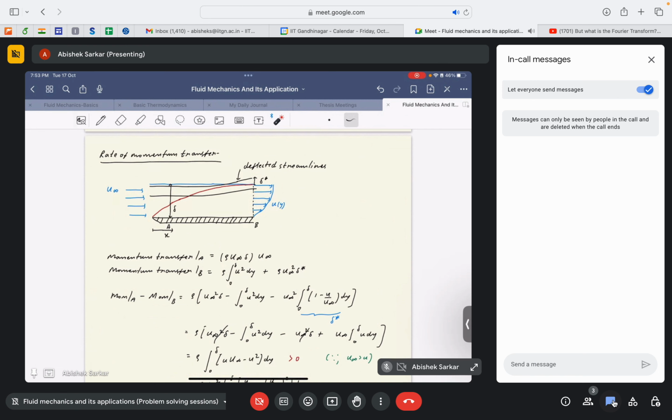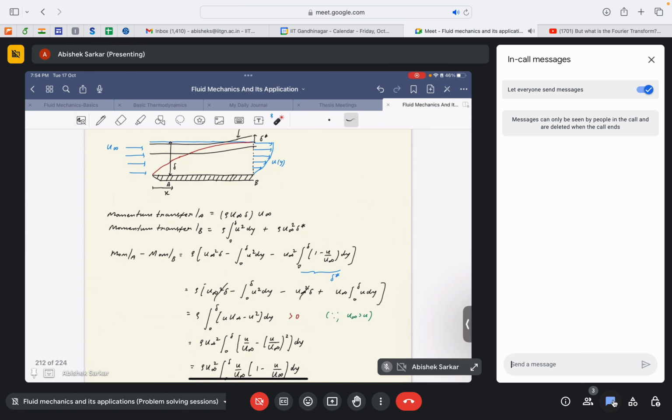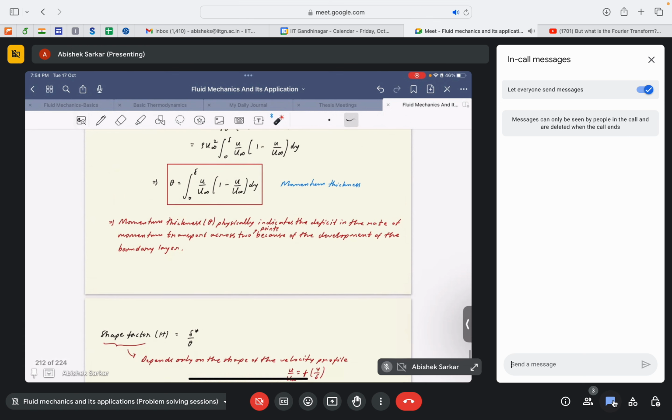And since there is a deficit of momentum at the exit, if we consider the same height delta, we need to consider an extra length delta star, that is the displacement thickness, to compensate this loss in the mass flux and consequently the momentum flux. In order to do that, we define both the displacement thickness and the momentum thickness. I hope it was clear.